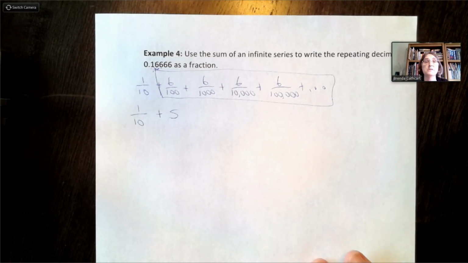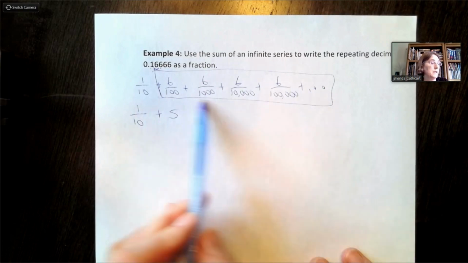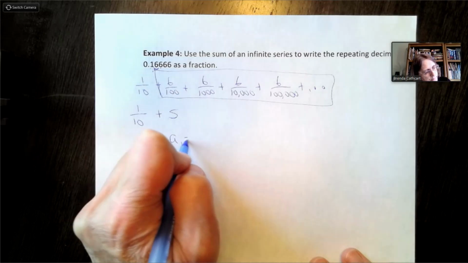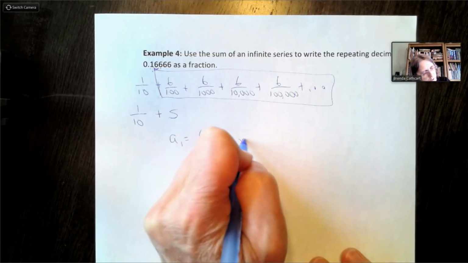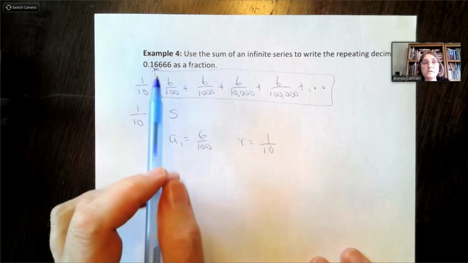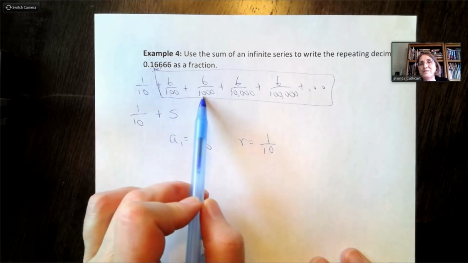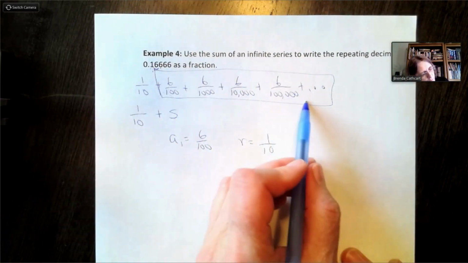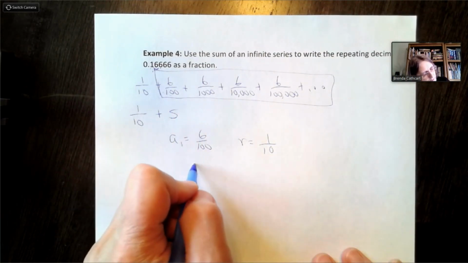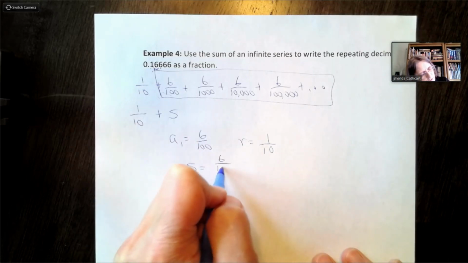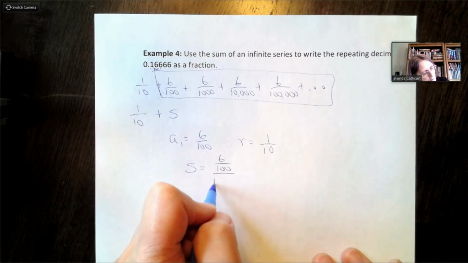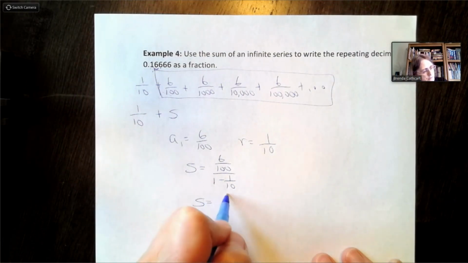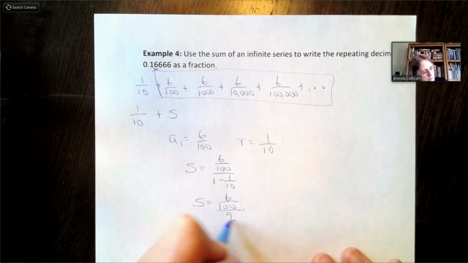So let's see if we can figure out what the sum is. My first term in the geometric series is 6 over 100. The ratio between terms this time is just 1/10. 6 100ths times 1/10 is 6 over 1,000, and so on. So our sum for the geometric portion is A1, which is 6 over 100, divided by 1 minus R, which is 1 minus 1/10. So I have 6 over 100 divided by 9/10.